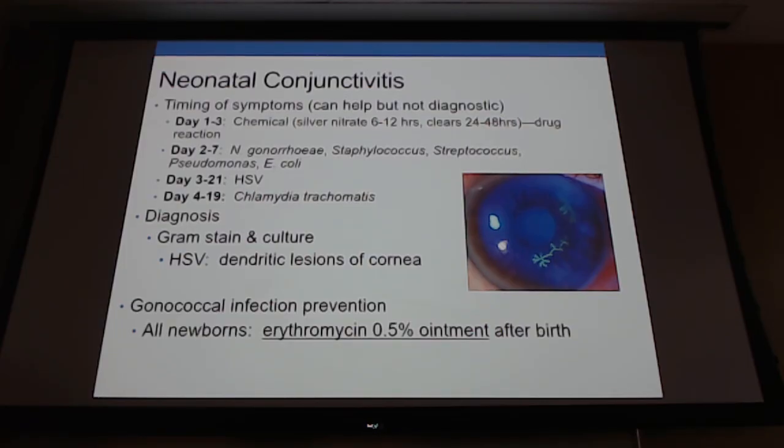I think it's more helpful when it's later to help you to say, ooh, that's more of a chlamydia than anything else. But in that first week, if you have copious amounts of secretions in the eyes, that's when you start thinking it could be a gonorrhea. So if in a question stem you see the patient had a home birth, the patient had no prenatal care and was delivered somewhere, right?